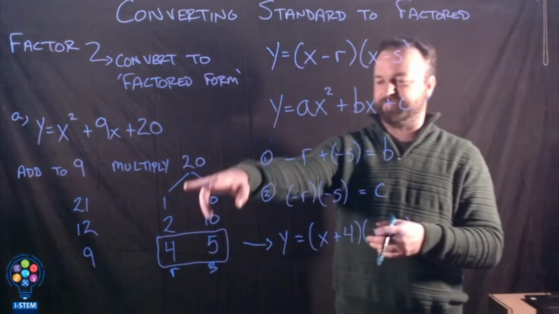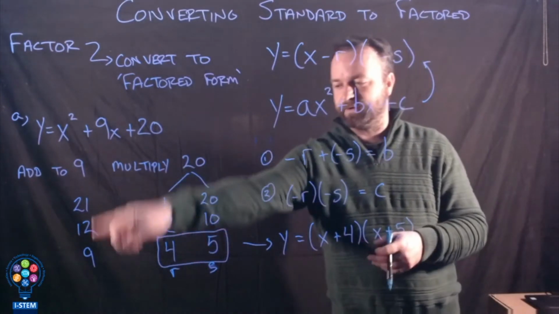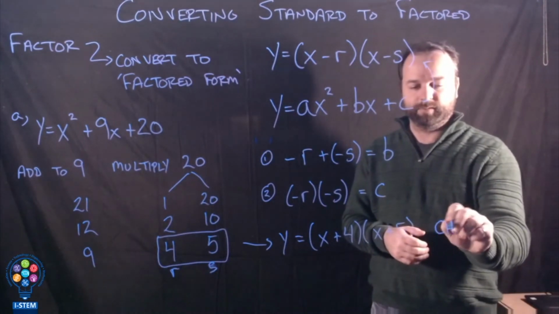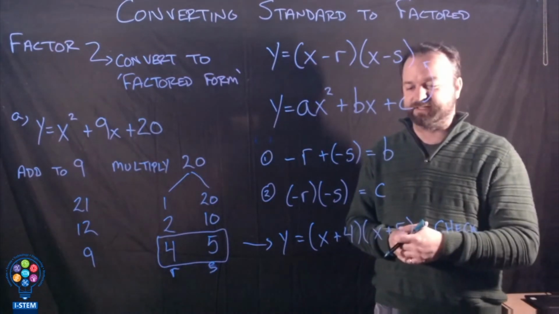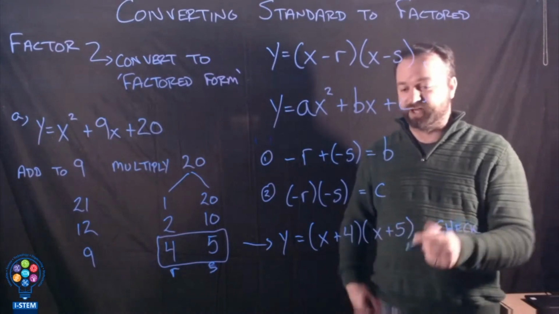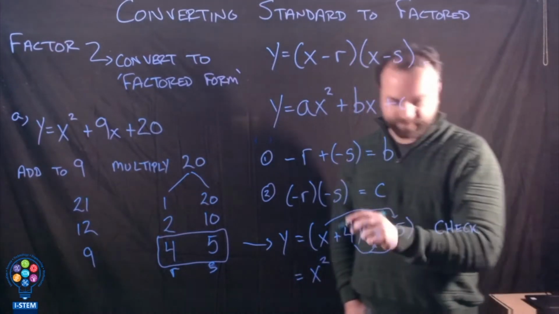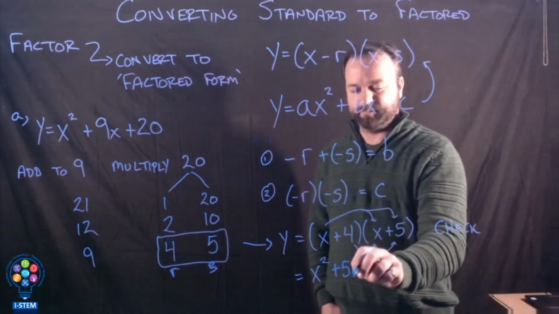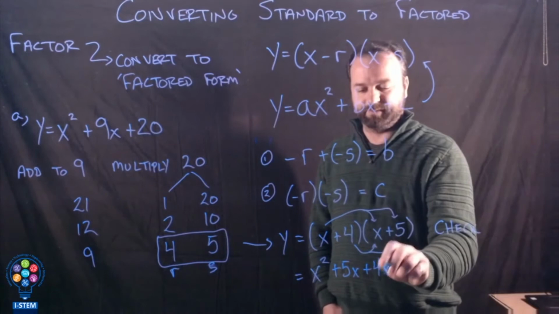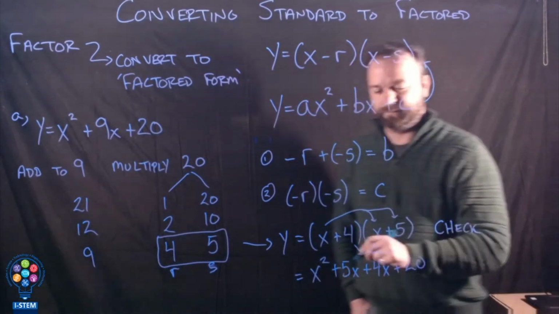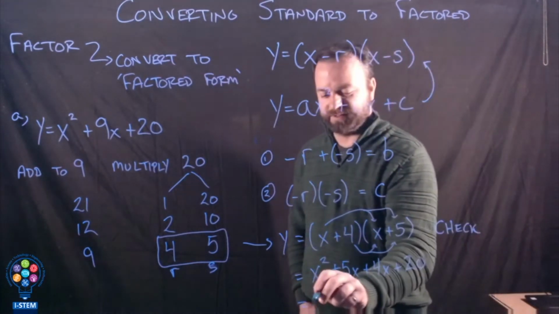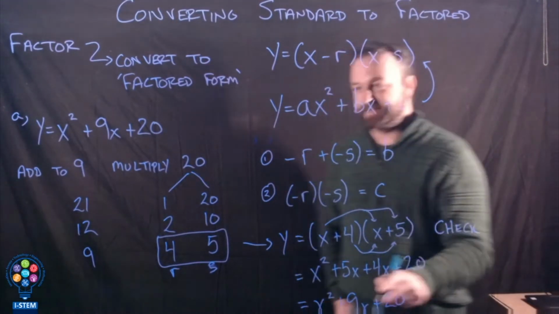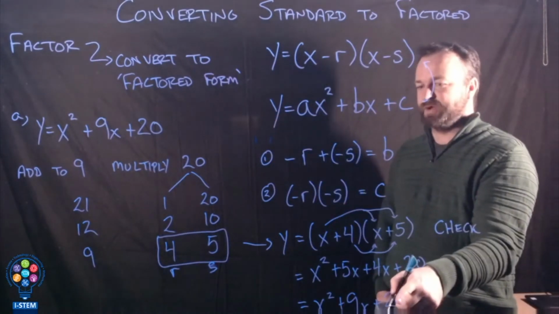I listed some factors of 20, adding them together as I go, tracking my progress. And of course, we should check this to see if it works. I can check this by FOILing. X times x is x squared, plus 5x, plus 4x, plus 20. Gathering my like terms, 5x plus 4x is 9x. And look at that. I've got the same equation that I started with.